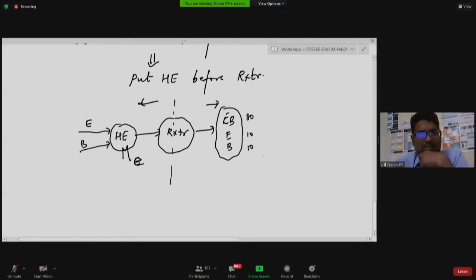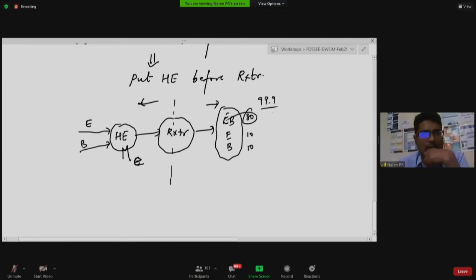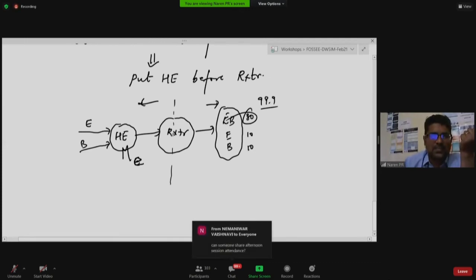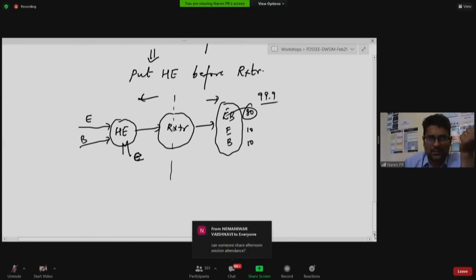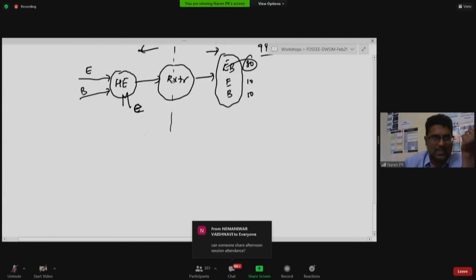Do you think you can sell this? No, because we want 99.9% ethyl benzene. We don't want this much impurity. So we need to separate out. And there are other reasons for separating, because you don't want to waste your reactants just like that. So we need to now separate.